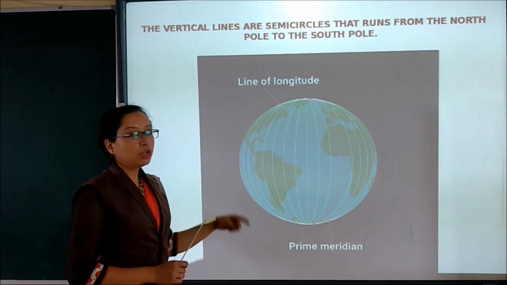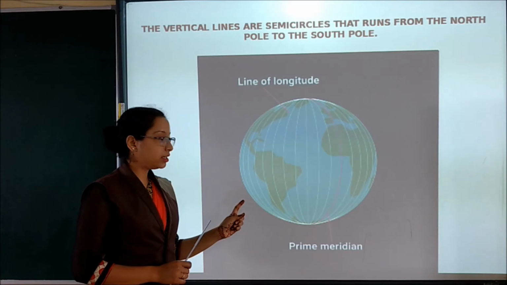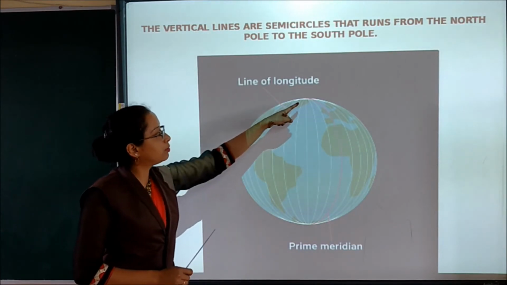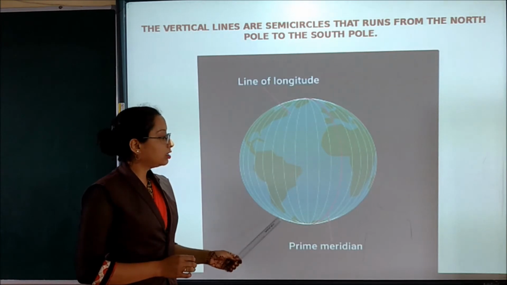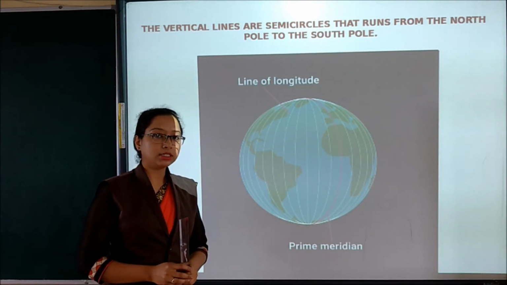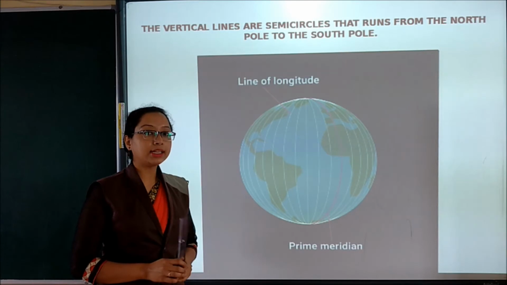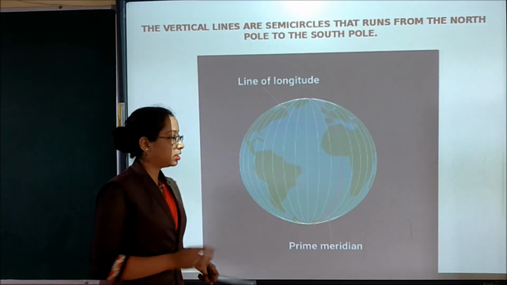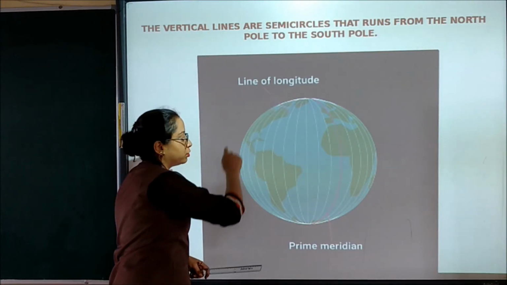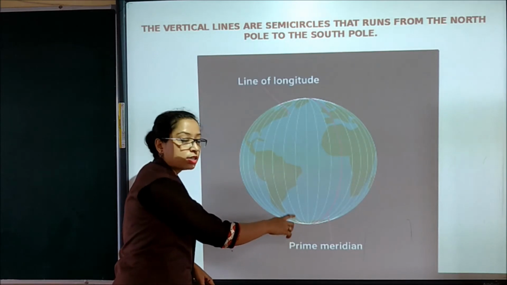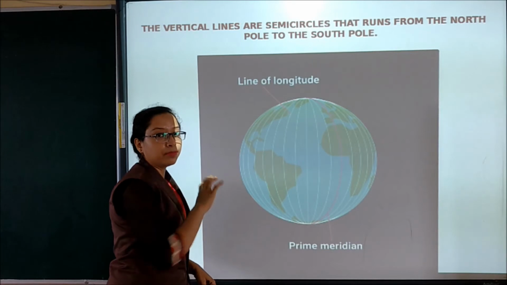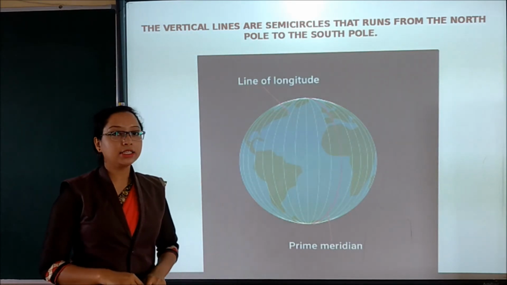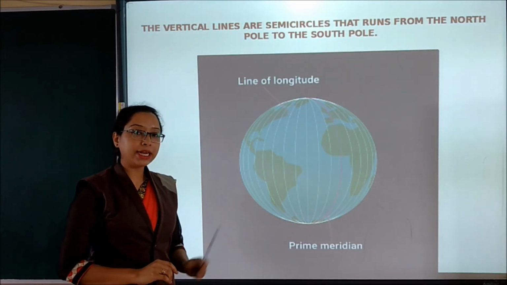They are called longitudes or meridians. They are coming from the north pole and going towards the south pole, forming a semicircle. So this is called the lines of longitude or meridian.